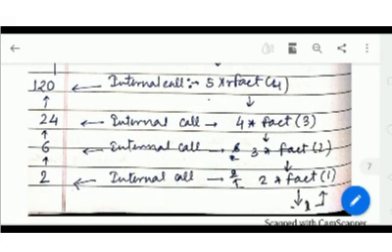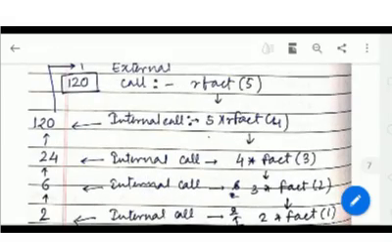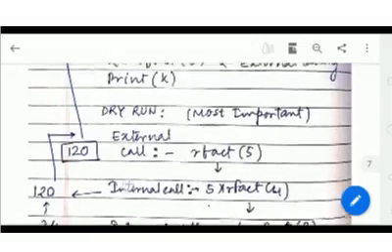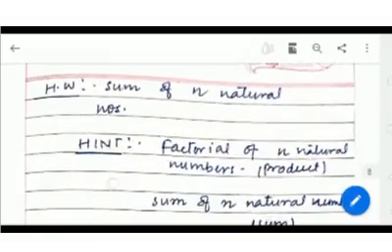Then 2 has been returned to fact of 2, and now it will be multiplied with 3, so it has become 6. 6 is the value of factorial 3, that will be multiplied with 4, that will be 24, and it will be multiplied by 5, so it will be 120, that will be returned to the function. So this is the method by which we apply recursion.